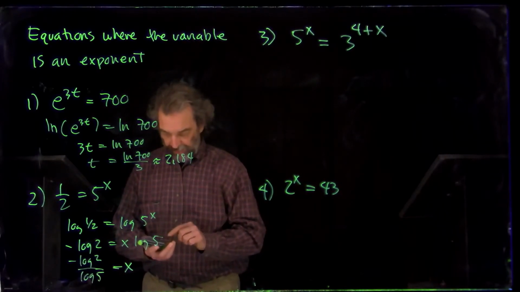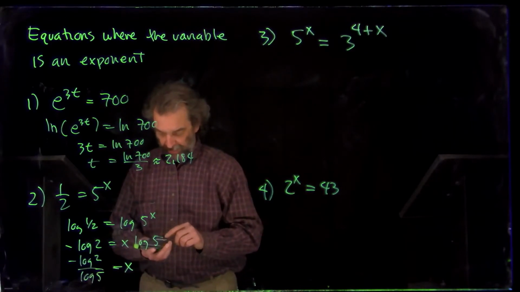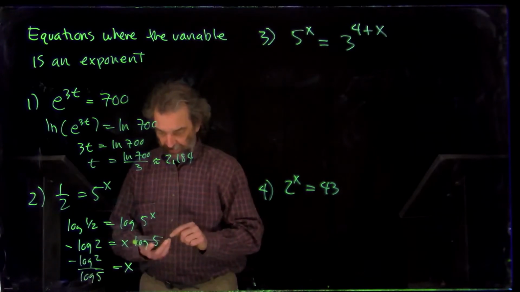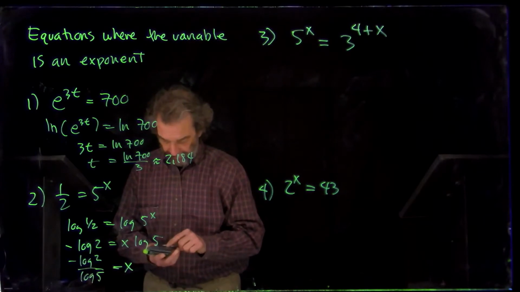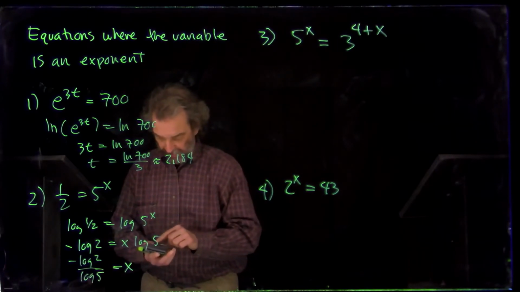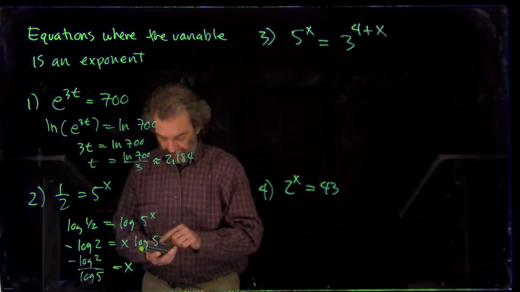I'm going to close the parentheses because I'm going to be dividing by log of 5. I don't see my log over here, hang on. Other stuff must be there. Clear this out, try it again. Minus log of 2 divided by log of 5.